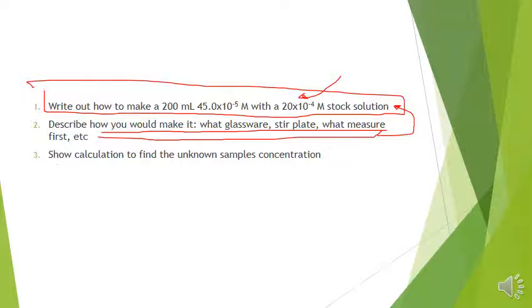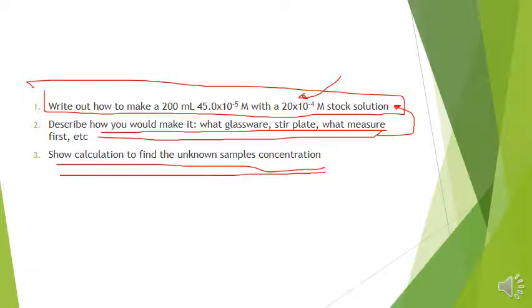And then finally, part 3 of this, which you'll find on the quiz. In the experiment where we did Beer's law, we came up with a curve, and then we came up with an equation, y equals mx plus b.